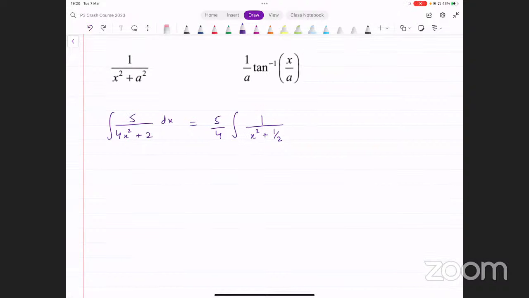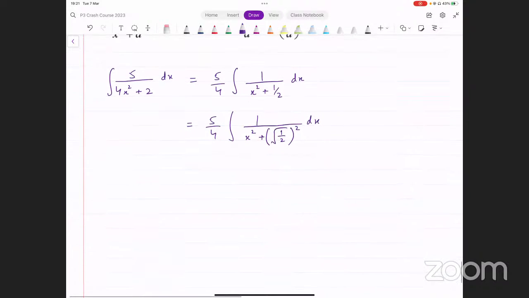We have 1 in the numerator. And we have 1 over 2. We could write 1 over 2 as a square like this. It's 5 over 4 outside, and inside we have 1 over x squared plus square root of 1 over 2 whole squared. And this is what we want to integrate now.